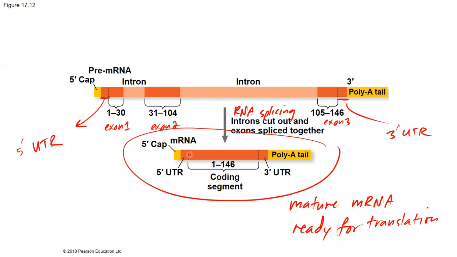So the region from here to here contains 146 codons. Which means this region contains how many nucleotides, do you think?